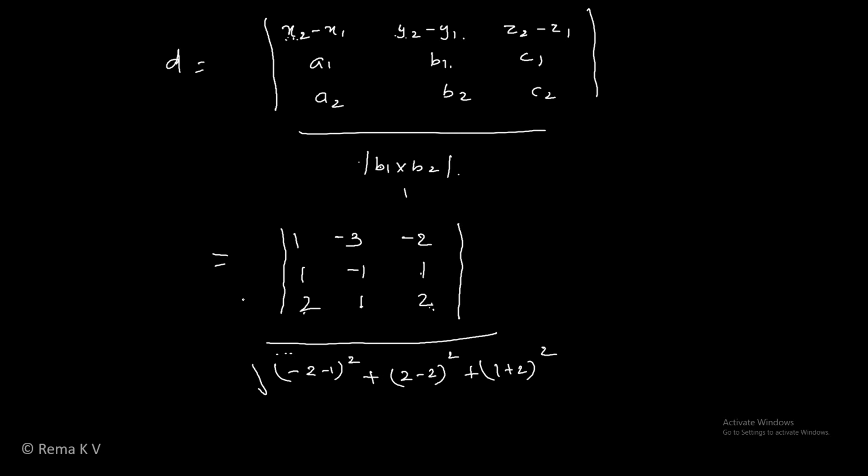This gives the square root of, this gives the modulus of b1 cross b2. So if you write it from this determinant itself, you can write the value of modulus of b1 cross b2. Is this step clear to you?